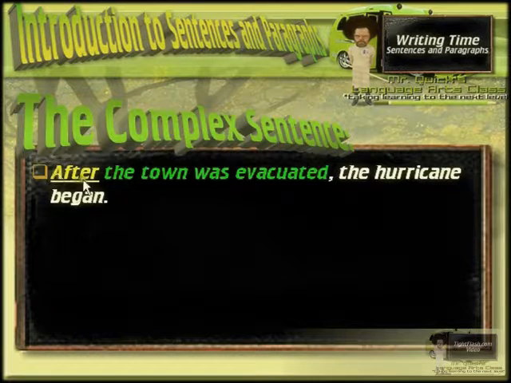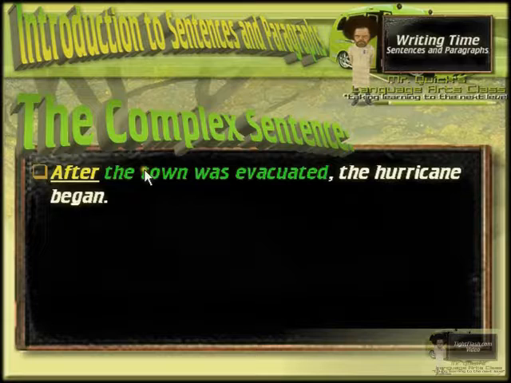If we ignore after and we just look at the town was evacuated, the hurricane began, we can see the two independent clauses. The first one, town was evacuated. The second one, hurricane began. So we got two subject-verb relationships.